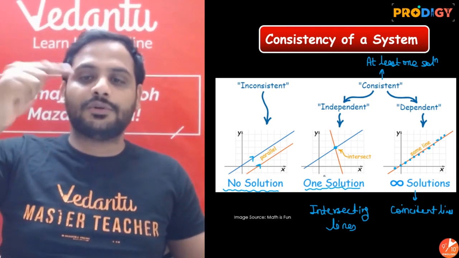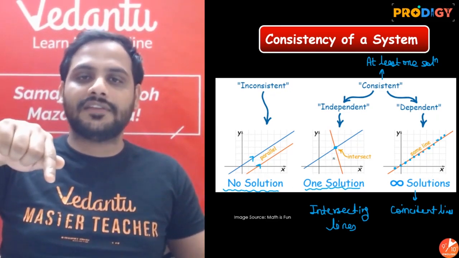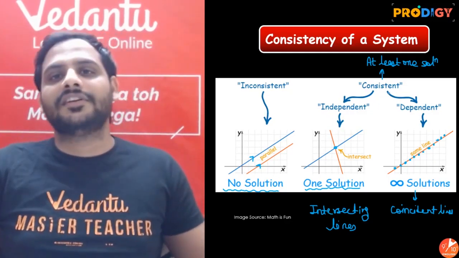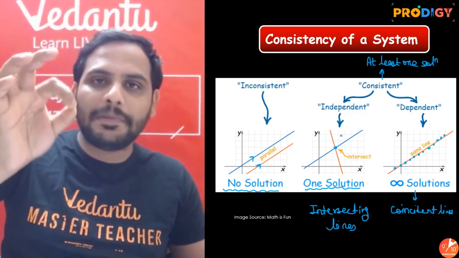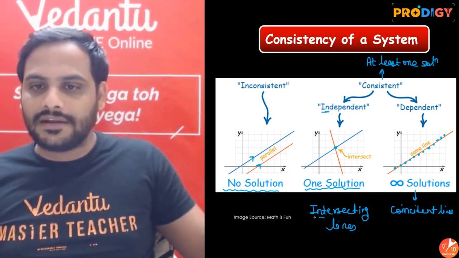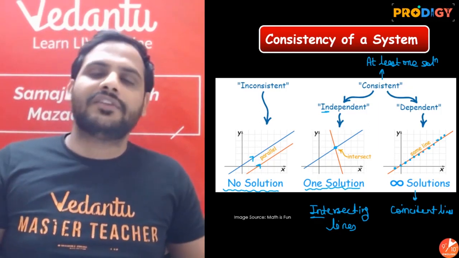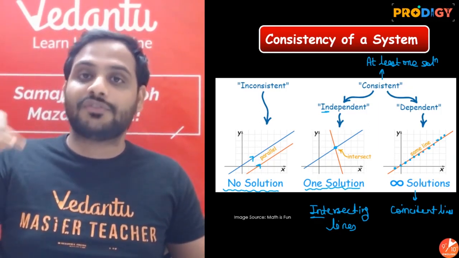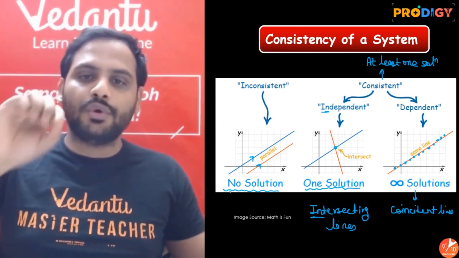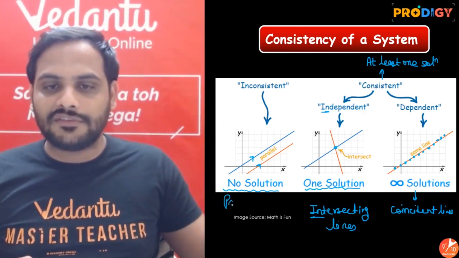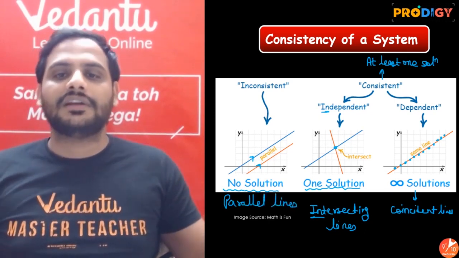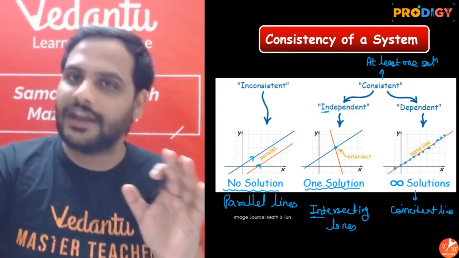In the case of intersecting lines, when we get a unique solution, it is called an independent consistent system. You can remember it as independent intersecting. And the other one, coincident lines, where we get infinite solutions, is called a dependent consistent system. In the case where we do not get any solution, that is parallel lines. This case is inconsistent, because here we do not have any solution at all.